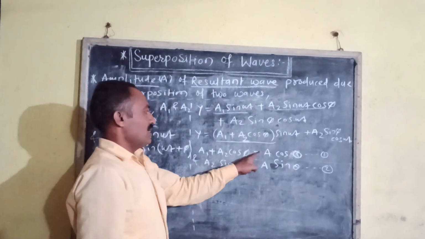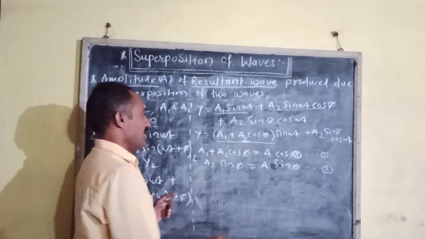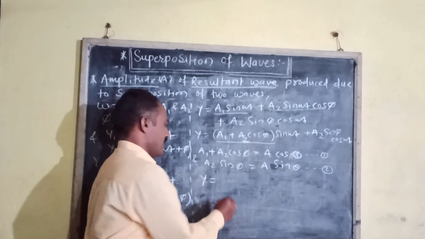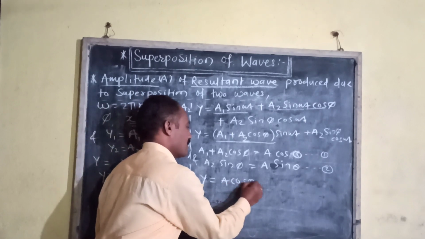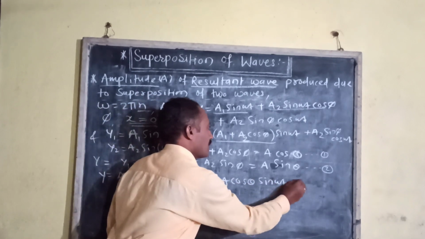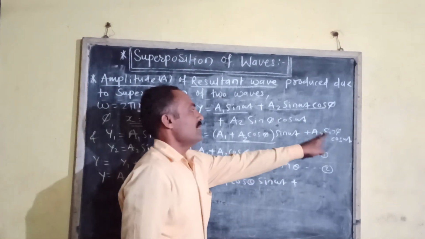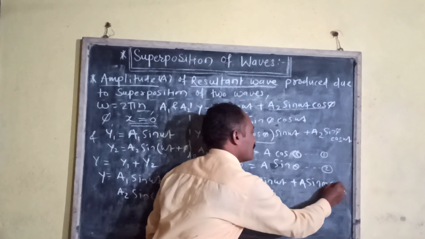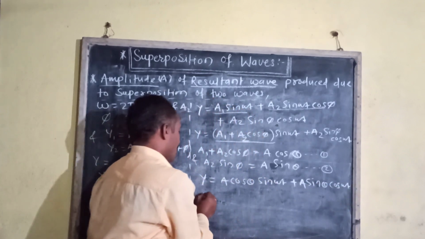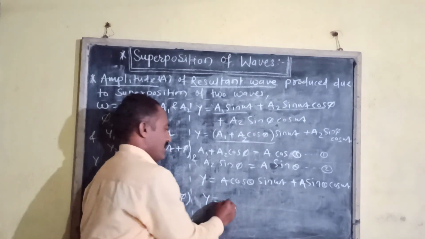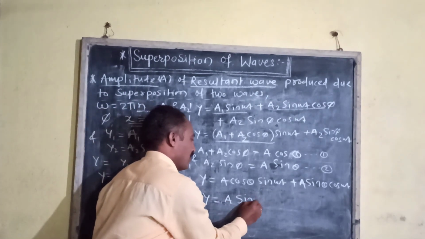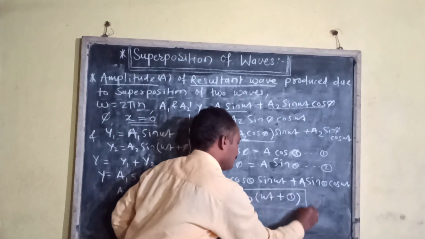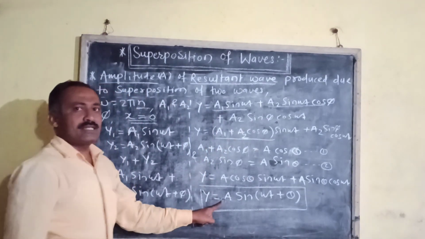If we put these two values in this equation, we get the equation of the resultant wave as y is equal to A cos theta sin omega t plus A sin theta cos omega t. Now this can be written as A sin of omega t plus theta. This is the equation of the resultant wave.